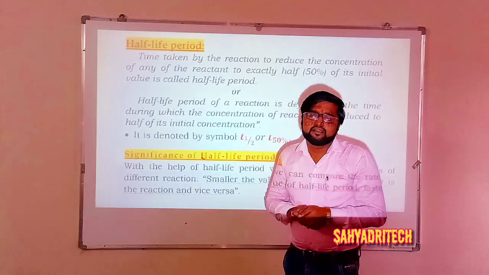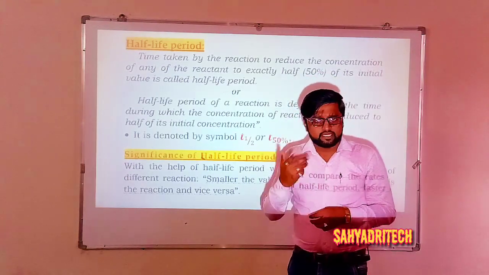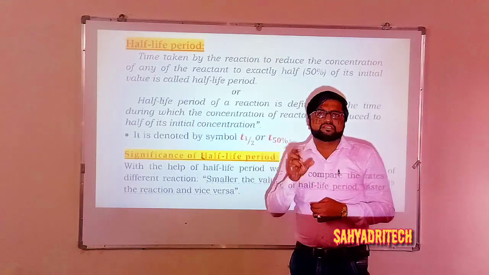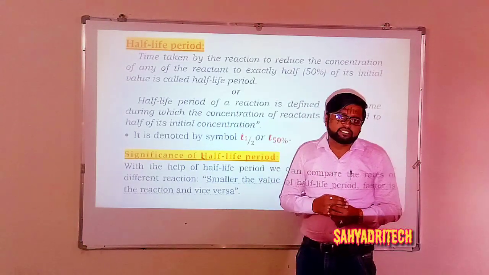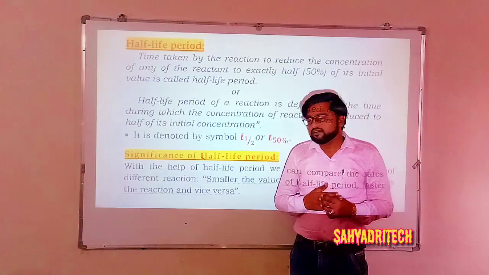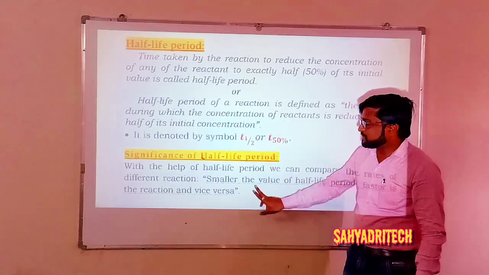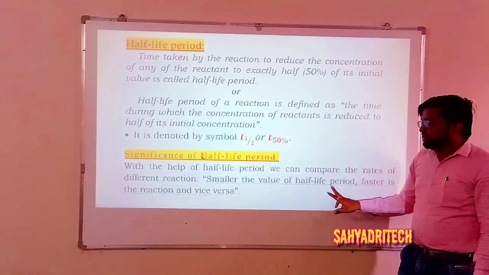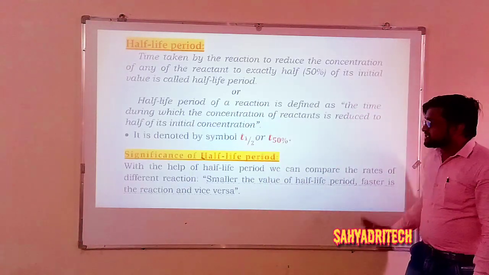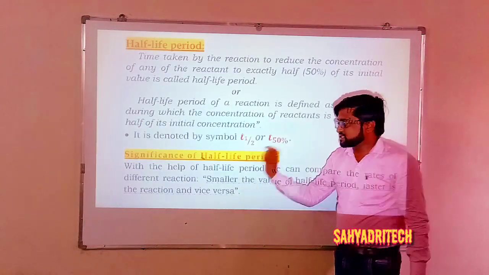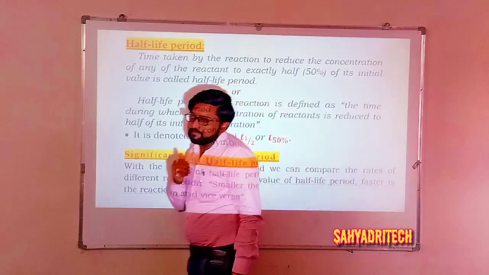On the other hand, larger the t half, or time period taken, smaller will be the k value, hence less is the speed of a reaction, or slow is the rate of a reaction. So it is the significance of half-life period. What is to be remembered here? Smaller the value of half-life period, faster is the reaction, and vice versa.